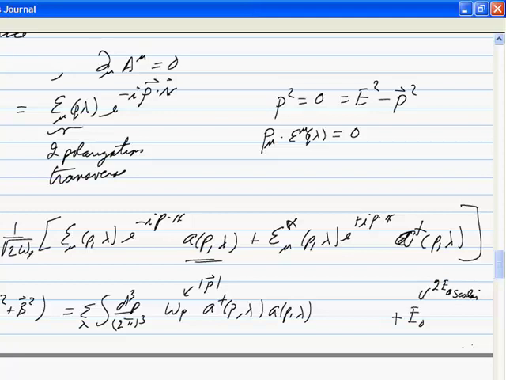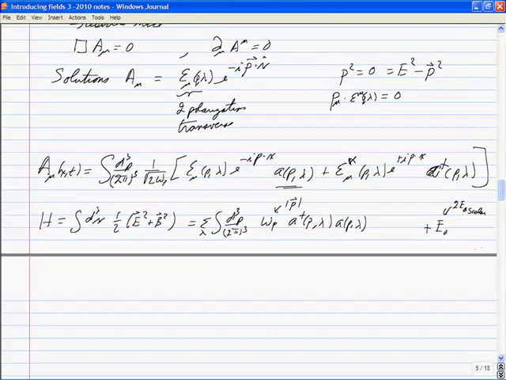So it's just 2. And basically, the 2 comes from the sum over the 2 lambdas. For each p there's 2 lambdas. So you get one plus the other of a half h bar omega from each of them. Okay?